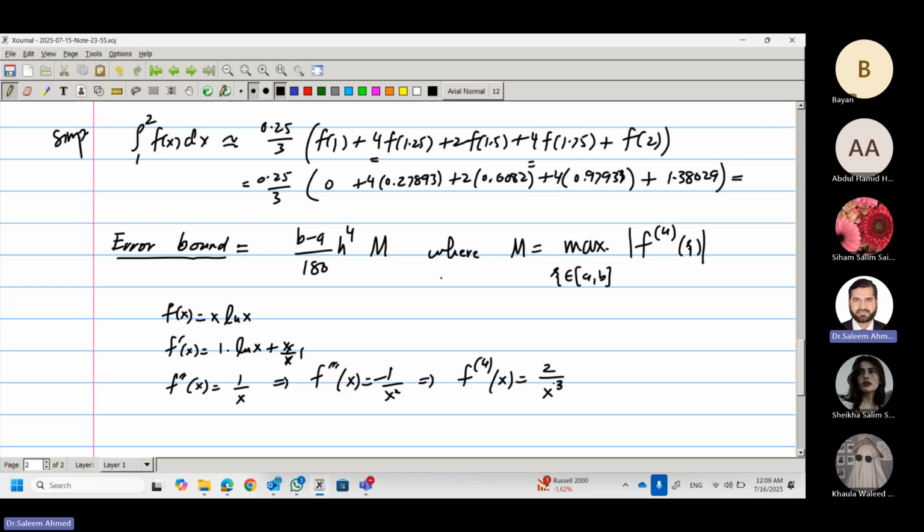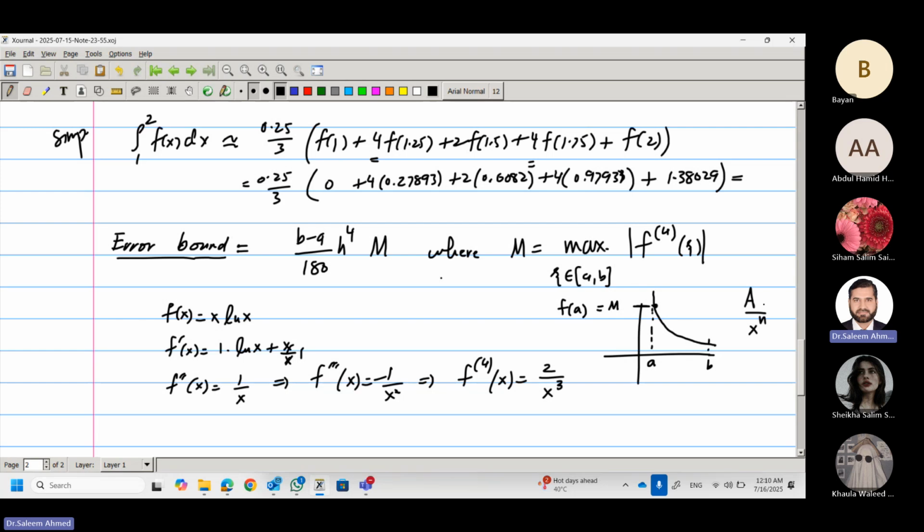Right? Now, if you want to find the maximum, you see, whenever x is in the denominator, the function always goes down like that. Right? 2 over x cubed. If you have any constant divided by x to the power, it's always like that. So it means the first value a will give you the maximum. The last point will be a minimum value.